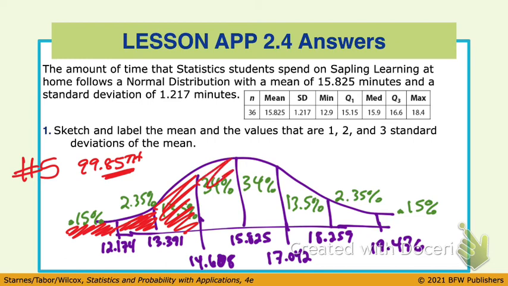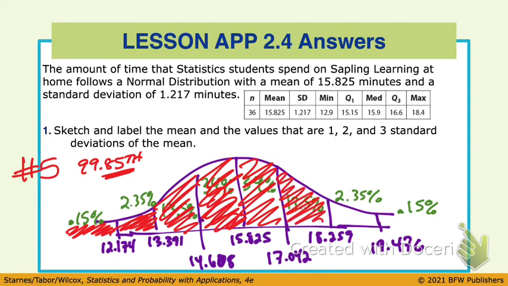If I keep going, I'm at the middle. What is the percentile now? The 50th percentile. Very good. I keep going. Now we're at the 84th percentile. This value, 1 standard deviation above average, will always be the 84th percentile. Keep going. 84 plus 13 and a half is 97.5.